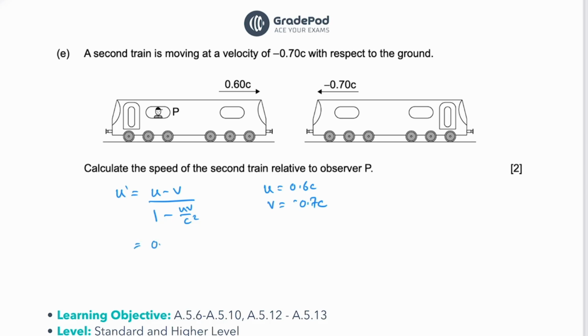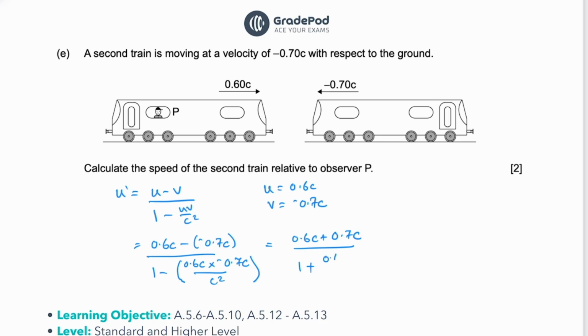Okay, so 0.6 c minus (minus 0.7 c) over 1 minus (0.6 c times minus 0.7 c) over c squared equals 0.6 c plus 0.7 c over 1 plus, because that minus makes a plus, 0.6 times 0.7 c squared over c squared.